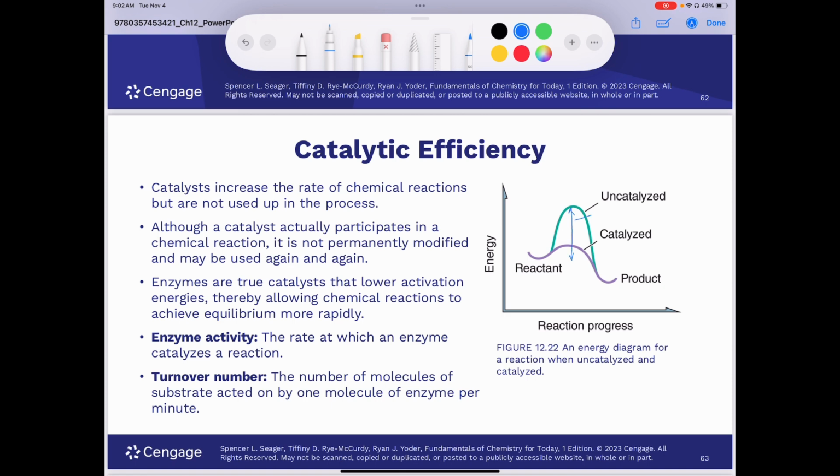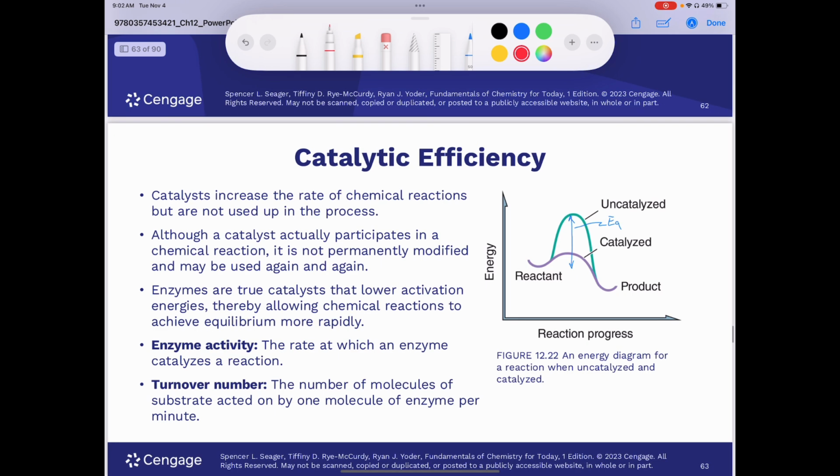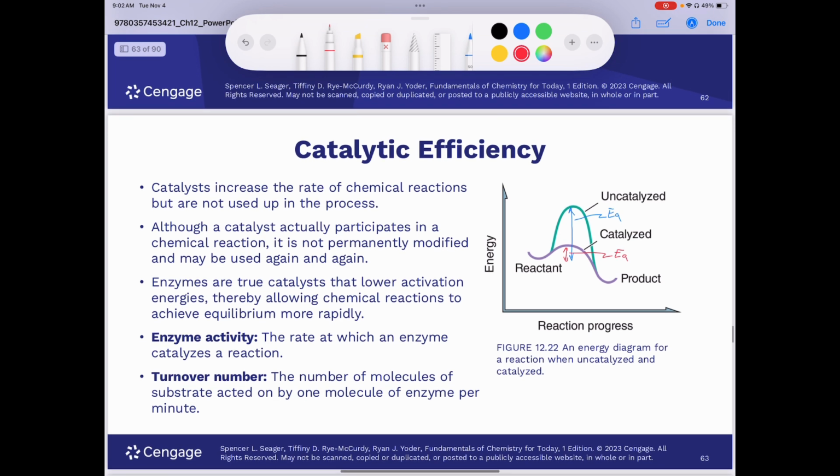There's a big barrier that you have to get over in order for the reactant to be converted into the product. However, when you put in the catalyst, what it does is it lowers the activation energy. So this lowers the activation energy, and you can see that the barrier that you need to get over now is much smaller. And so since the activation energy is smaller, it means the reaction is going to occur faster.